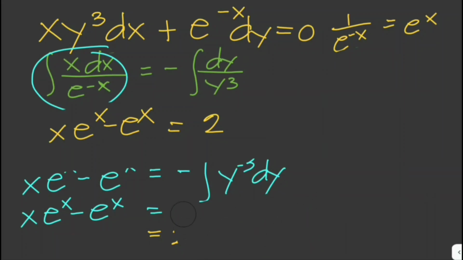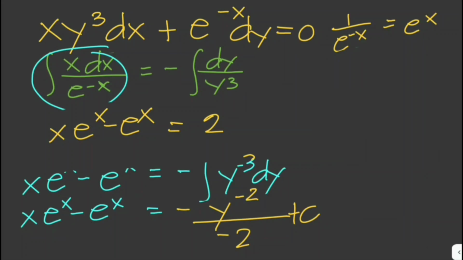This is integral, not a derivative. So this is the negative integral of y to the negative 3 dy. So this would be y to the negative 3 plus 1, that is negative 2 over negative 2 plus c.